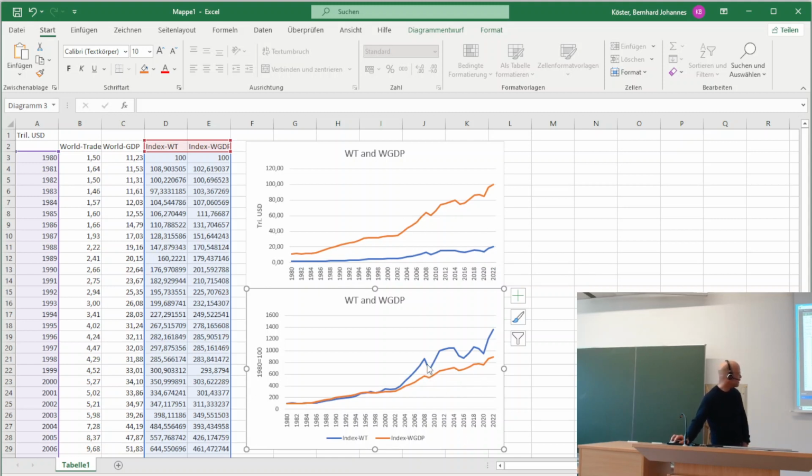Especially from the starting point in 1980 until the year 2000, world trade and world GDP moved more or less quite parallel, or even in the same way, if we have manipulated the data to starting point 100 in 1980. But then, and this is more or less the starting of globalization.